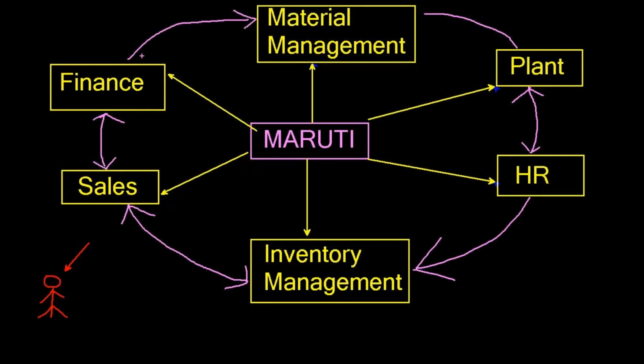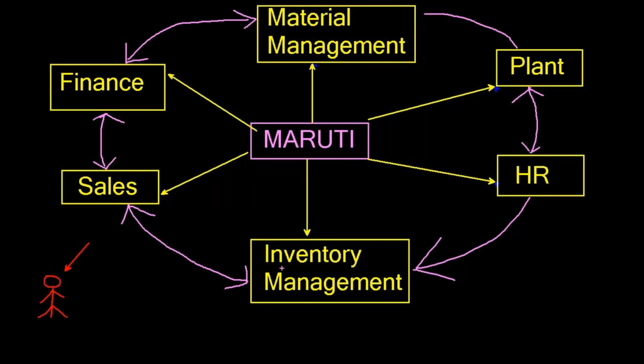So in this organization, ERP, enterprise resource planning. These are the resources. For planning the resources, they need an application, that is ERP. Whenever Maruti Motors, the organization, uses ERP, all the departments interact with each other, and they will deliver the car to the customer on time.